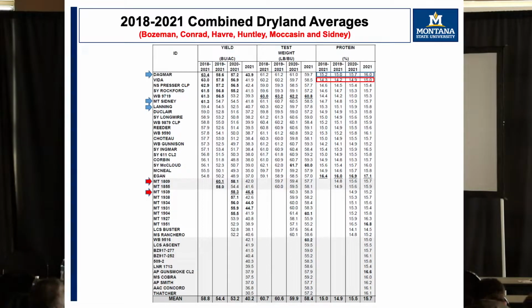Of course, once again, the big difference between these two is Dagmar has approximately 1% higher grain protein content than Vida does. That's the big thing, and the end-use quality is much better as well. So we're pretty excited about Dagmar, and we think it has quite a bit of potential as being a good variety for producers to grow.